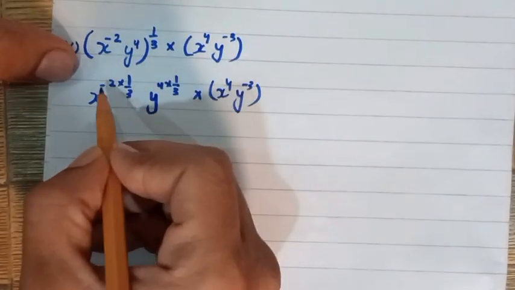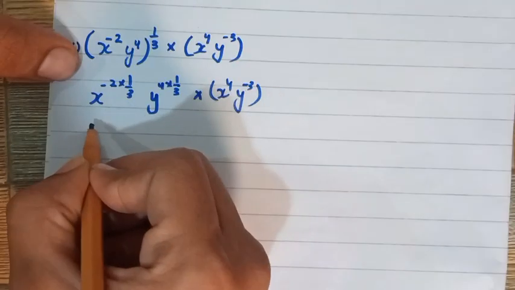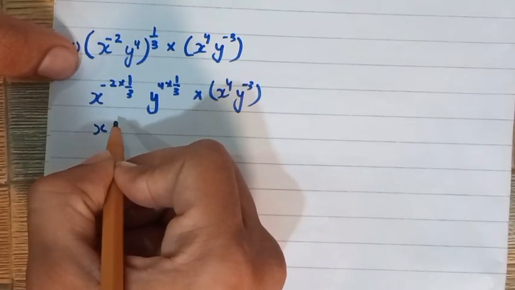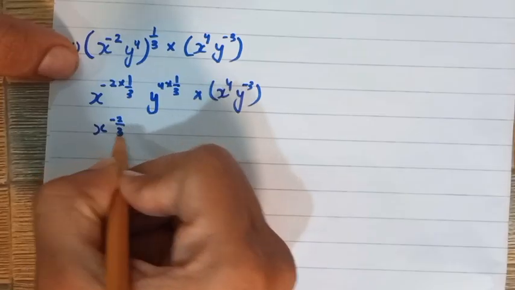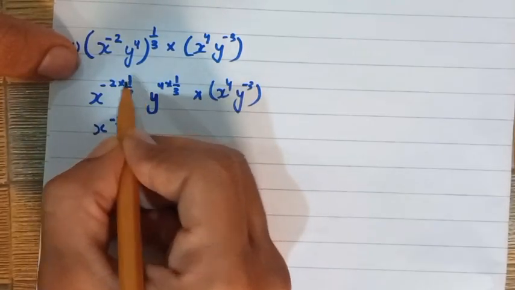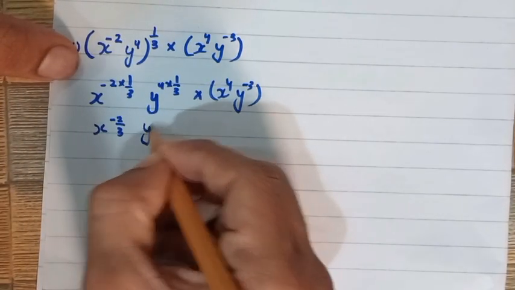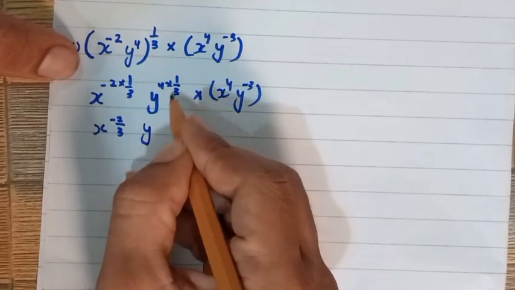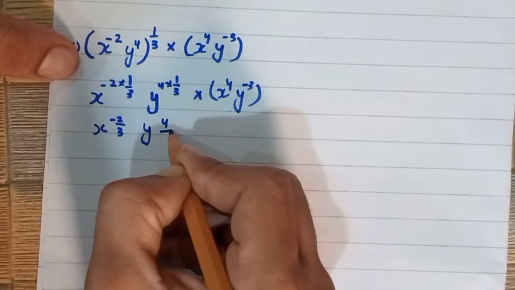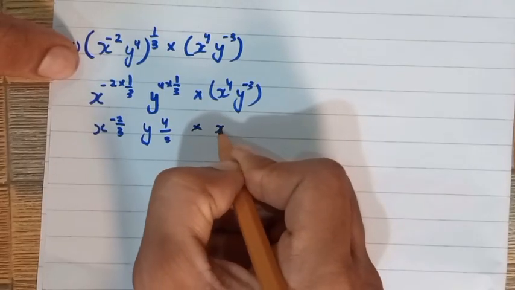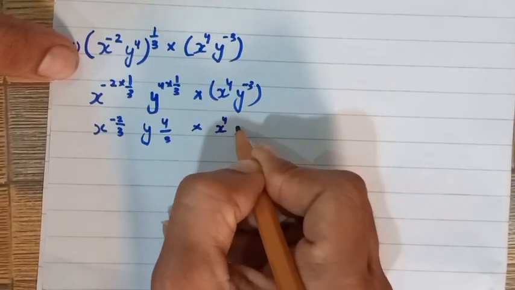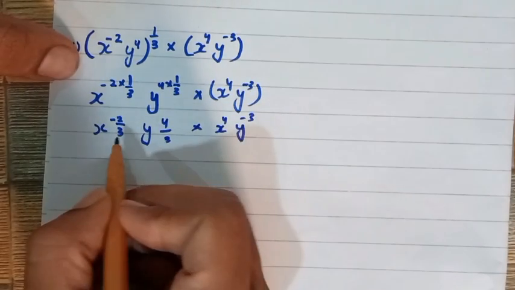Further I will simplify it. Minus 2 multiplied by 1 will be x to the minus 2 over 3. So they are not cutting, we will just multiply it. y, 4 multiplied by 1 is 4 over 3. So multiplied, it will be written the same, x^4 y^-3.